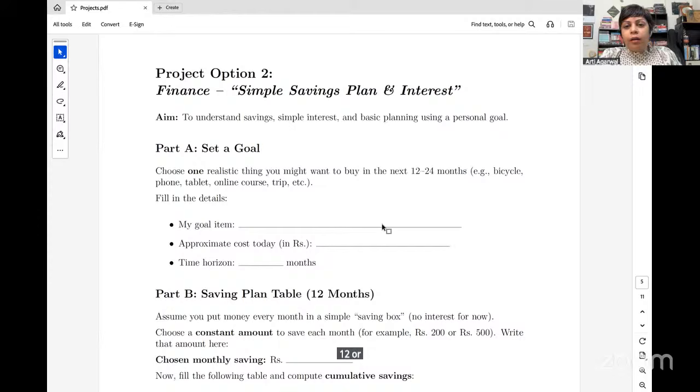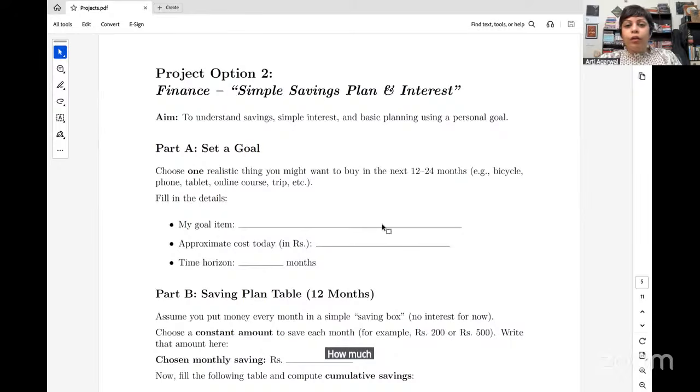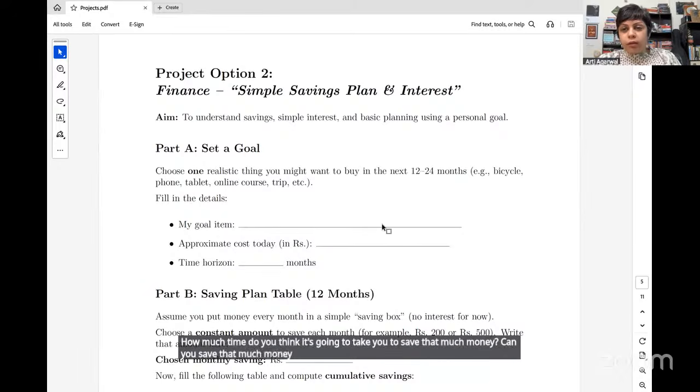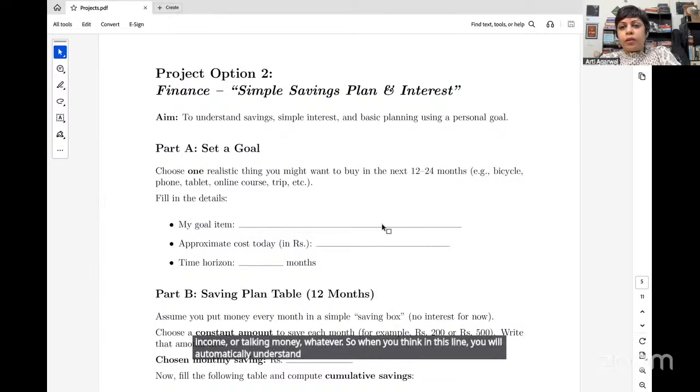So this exercise is meant to make you think: suppose you want to buy something, how much time is it going to take you to save that much money? Can you save that much money with your current income or pocket money? When you think in this line, you will automatically understand that some items cannot be bought in the near future. Maybe you will need to wait till you get a job or something.